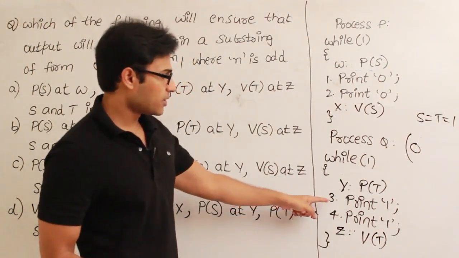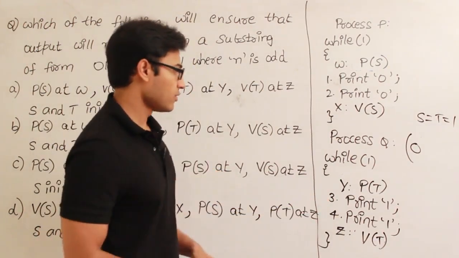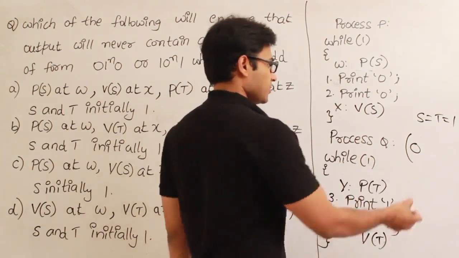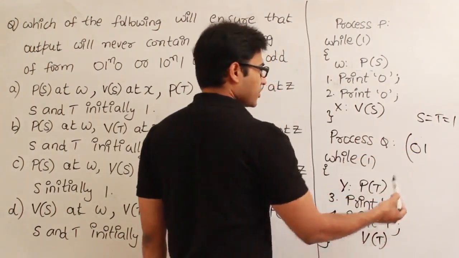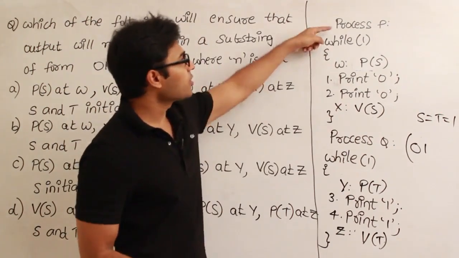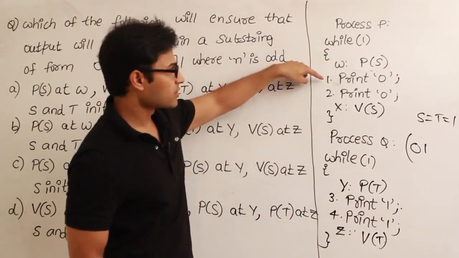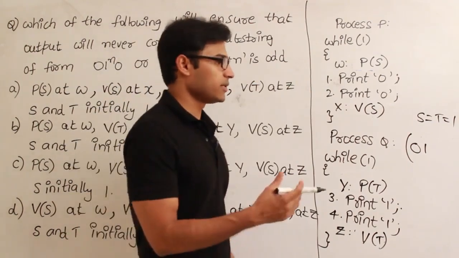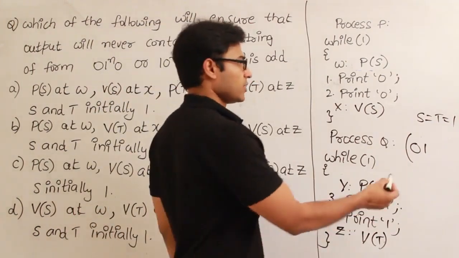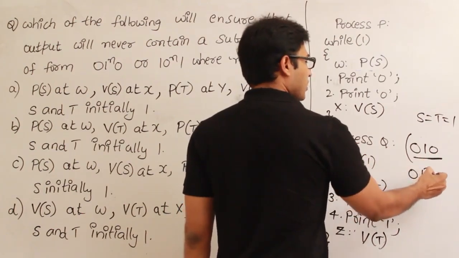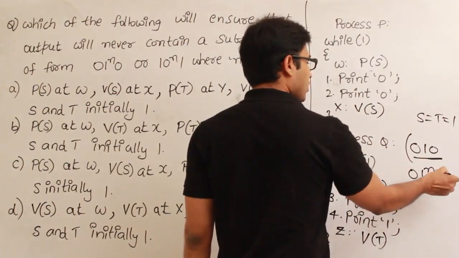Assume it has executed only line 3, which means it printed 1, and there it got preempted. So P got preempted after 1 and Q after 3, and again P got execution, and now at line number 2 it will print 0. Now watch it. It is nothing but 0, 1 power n, 0 where n is odd.